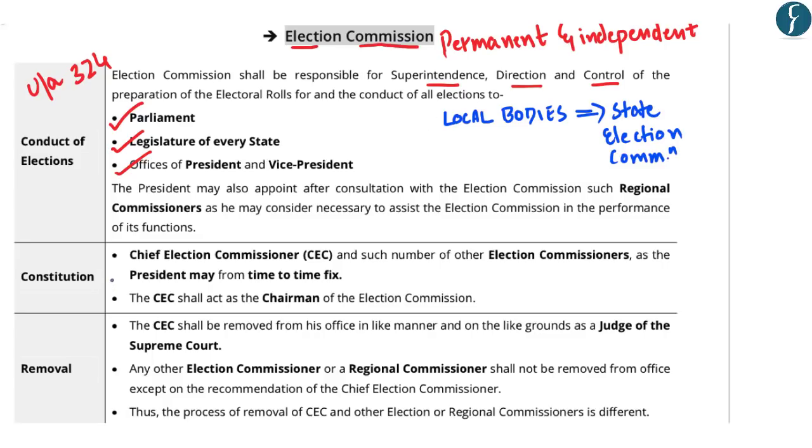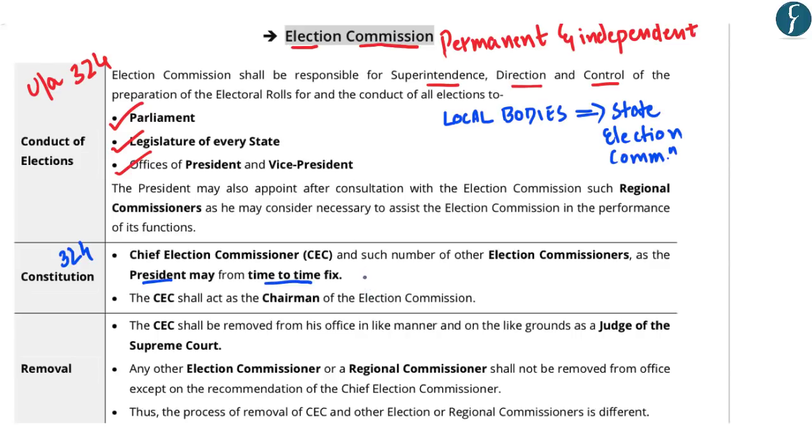Now, as far as the constitution of the Election Commission is concerned, again Article 324 provides that the Chief Election Commissioner as well as the number of election commissioners shall be fixed by the President from time to time. So as per the original constitution, the number of election commissioners were not fixed.